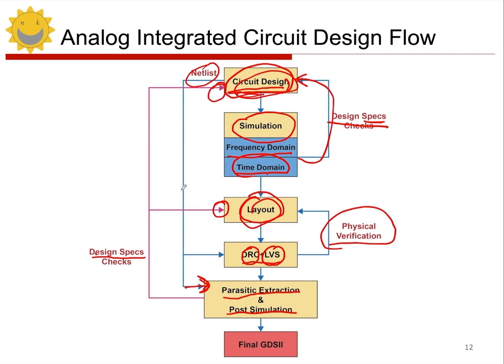So if the post-simulation fails, it could mean you need to modify the layout or your original design. However, in most cases, the failure is due to poor layout design. If the post-simulation passes and the results meet your initial design parameters, then you can generate the final GDSII file for tapeout. This is the process of the analog integrated circuit design.